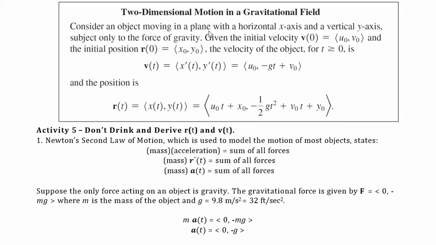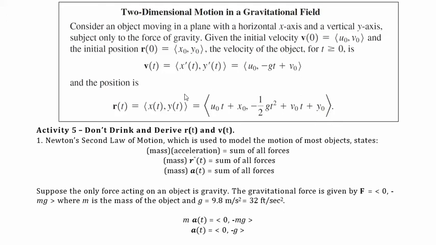Consider an object moving in a plane with a horizontal x-axis and a vertical y-axis, subject only to the force of gravity. Given the initial velocity, v of 0, is u sub 0, v sub 0, and the initial position, r of 0, given as x sub 0, y sub 0, the velocity of the object for t greater than or equal to 0 is given by the derivative of the position function, right?